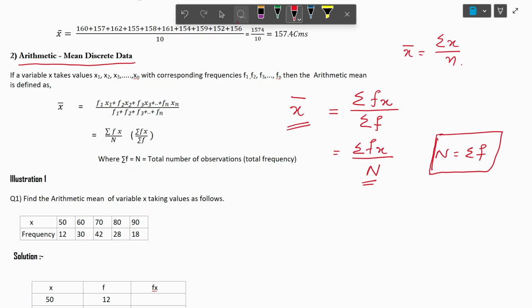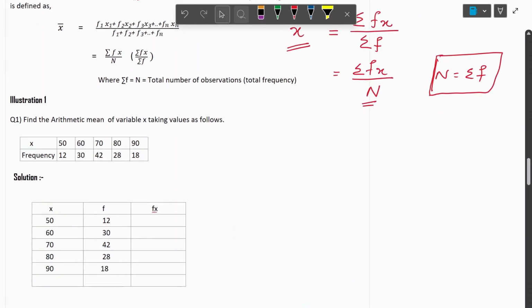Now, how do you solve this question? That we will see through one example. Now, all of you just see this question. The question is, find arithmetic mean of variable x taking the values as follows. It is given in tabular form.